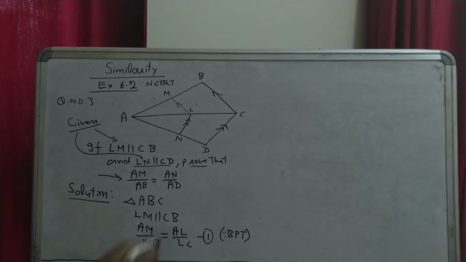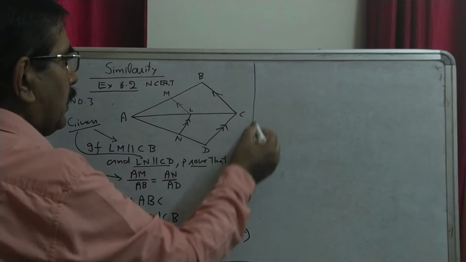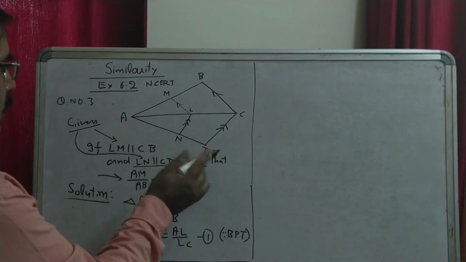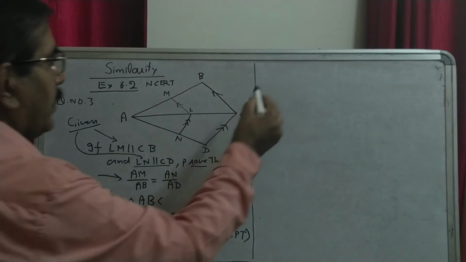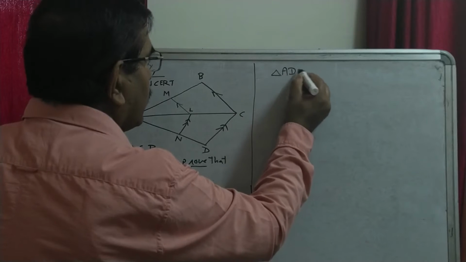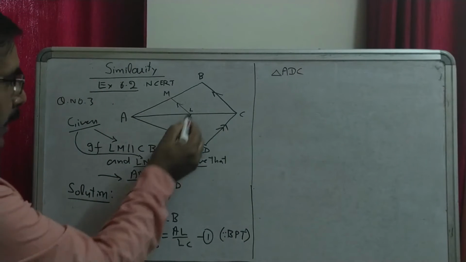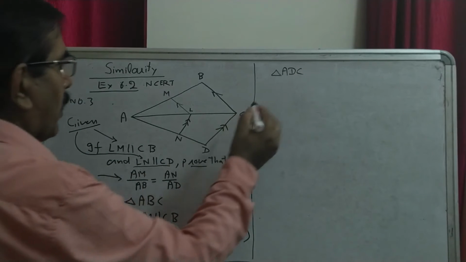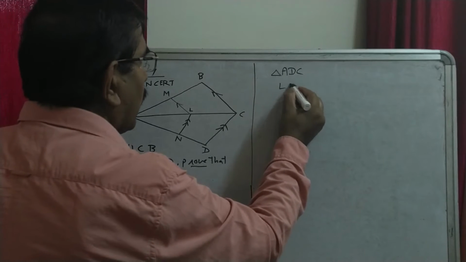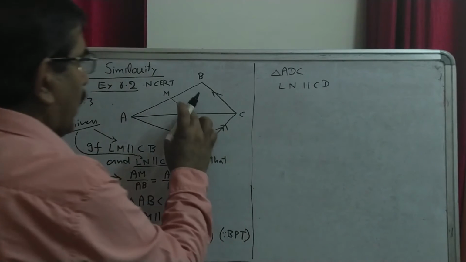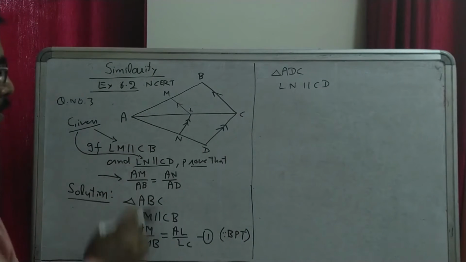Okay, children. Now, I am coming to the second triangle here. I have a second triangle, this one, ADC. So, I am taking the triangle ADC, children. Now, in triangle ADC, you can see we are given LN is parallel to CD. Okay, children? This is given.